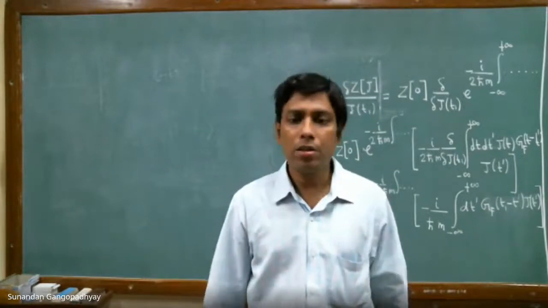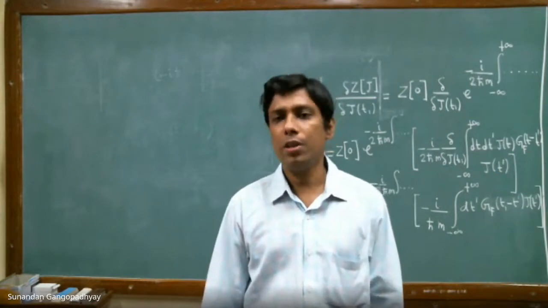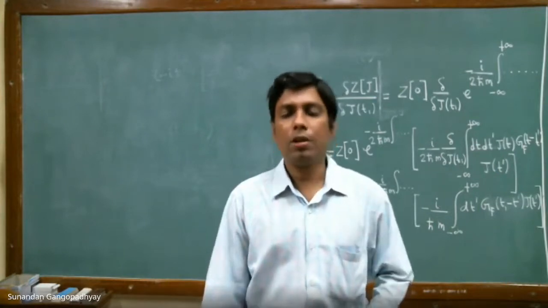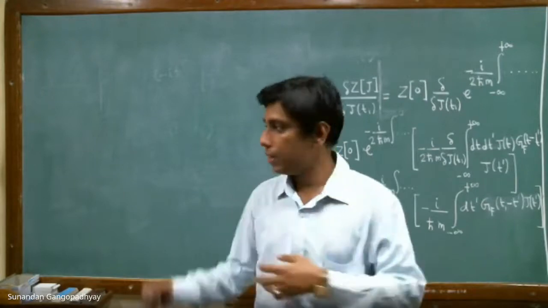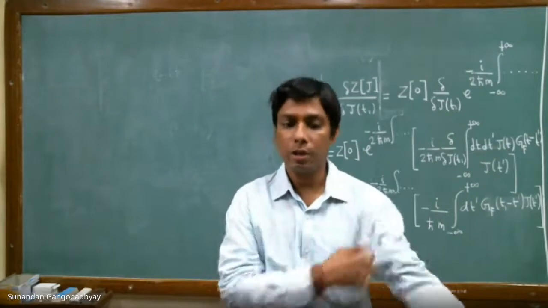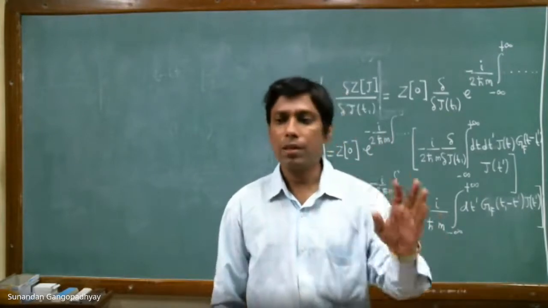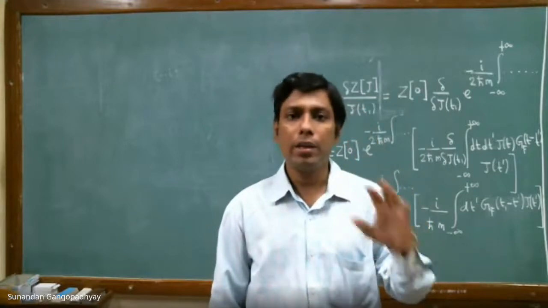And the Green's functions of a particular theory are very important, because this Green's function is basically nothing but the propagator that I've been talking about so far in this course.